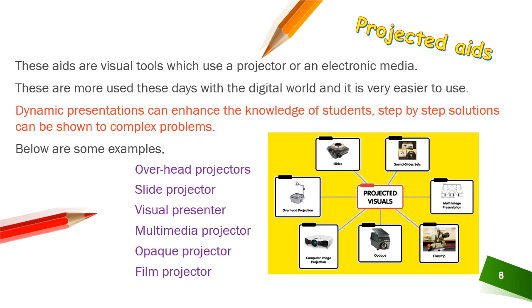And these are like dynamic presentations that we use to enhance the knowledge of the students. Step-by-step solutions are shown to a complex problem. So you can see some of the projected aids are overhead projectors, slide projectors, multimedia projectors, visual presenters, film projectors, and opaque projectors.